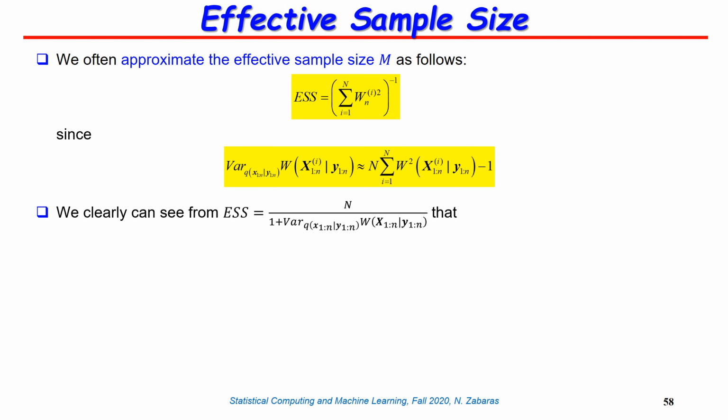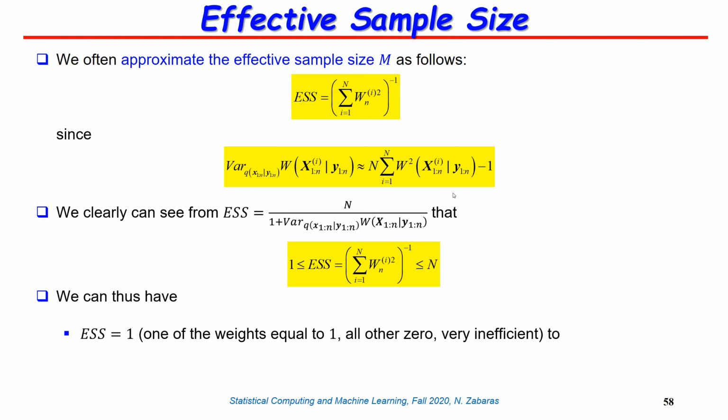Now also you can appreciate this effective sample size from the fact that it's between 1 and n. So this makes sense, and you can test this. If, let's say, all of your weights are 0 except one weight, then that weight, because we are looking at normalized weights, has to be 1.